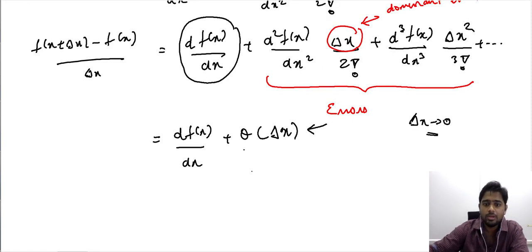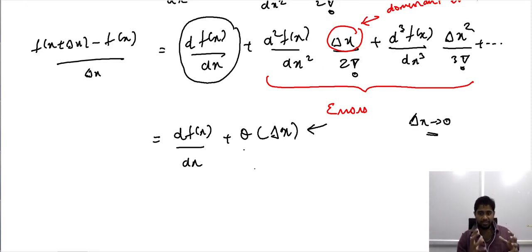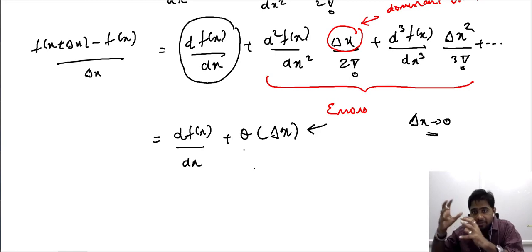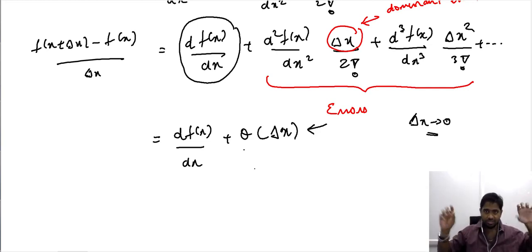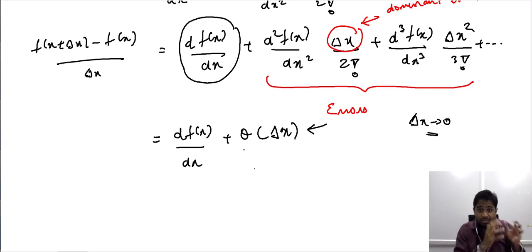Now, when you solve a specific function, you are fixing the function and using the forward difference approximation to solve for the derivative of the function. Depending on the value of your delta x, correspondingly your error will get scaled. Let me repeat, we are not considering two different functions and using the same approach with two different delta x's or the same delta x's.